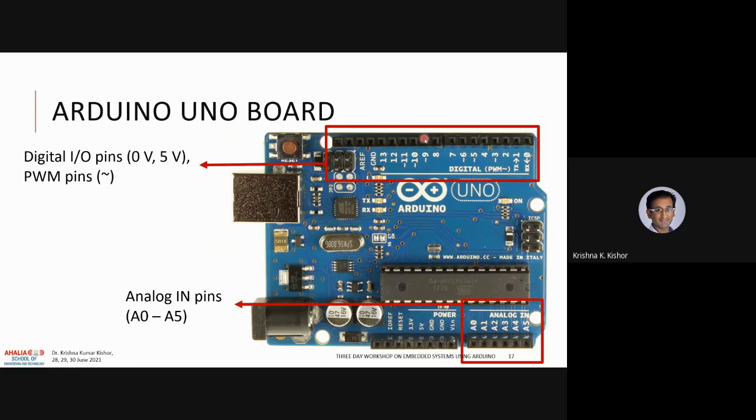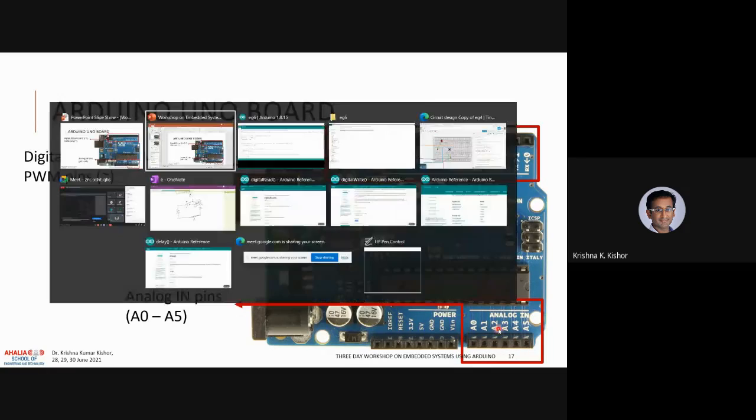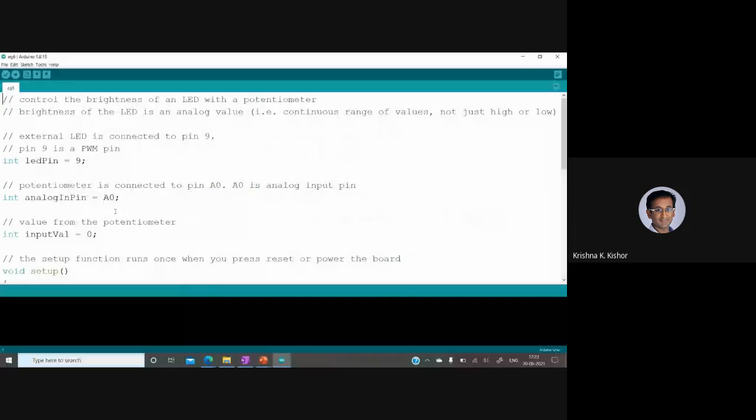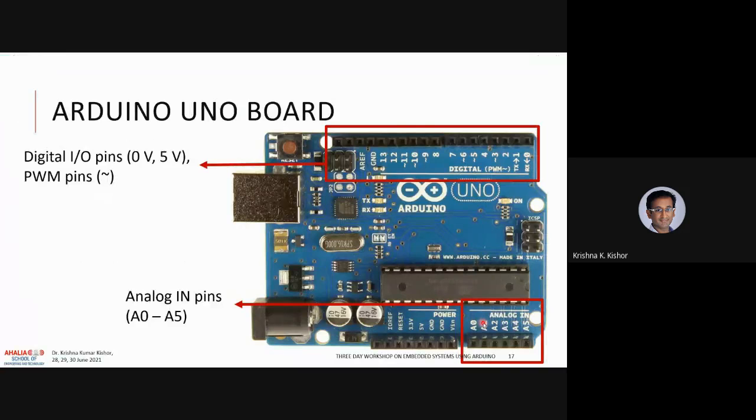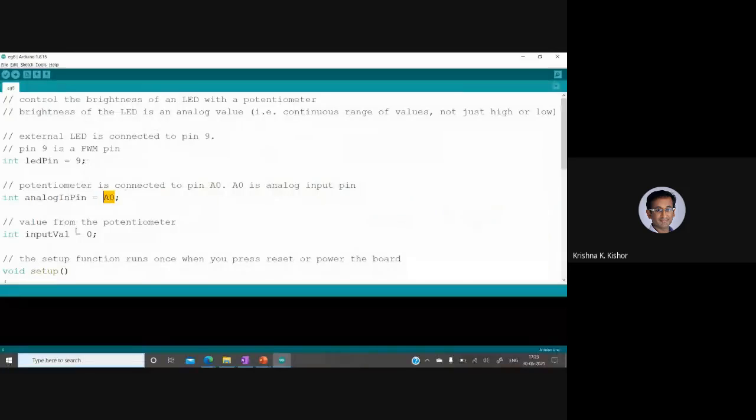So I'm going to use pin number 9, and I'm going to use the analog in over here, because the potentiometer is going to give a continuous analog value. The analog pin that I'm going to use is the A0 pin, and the LED output is going to go from pin number 9.